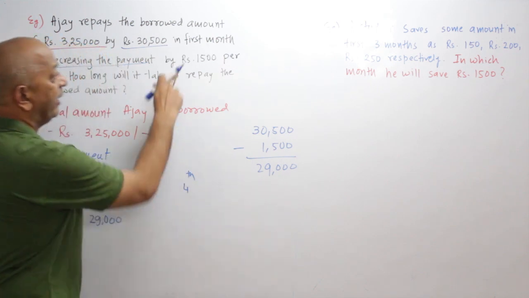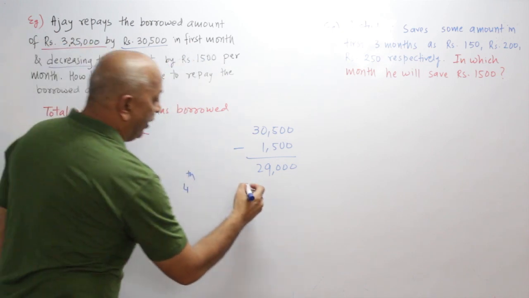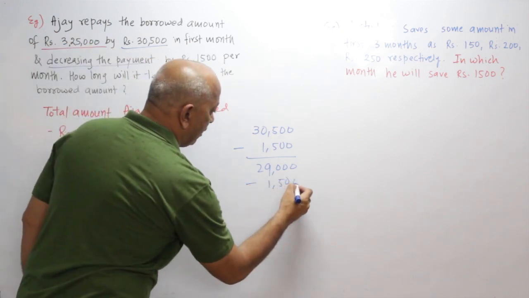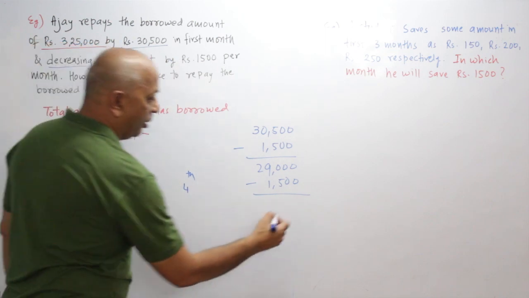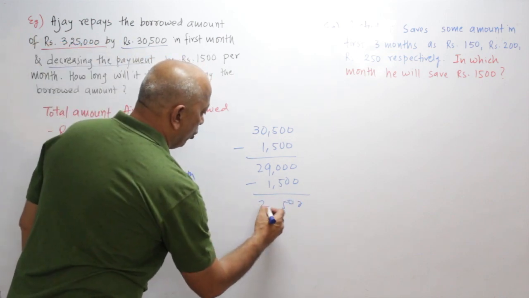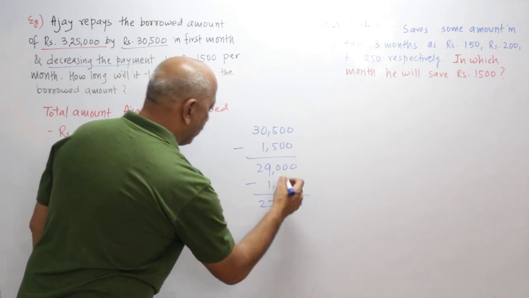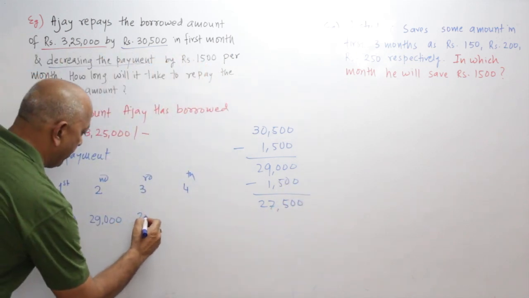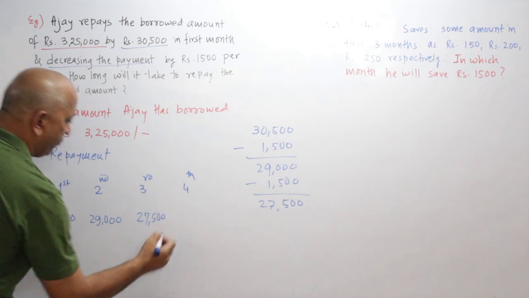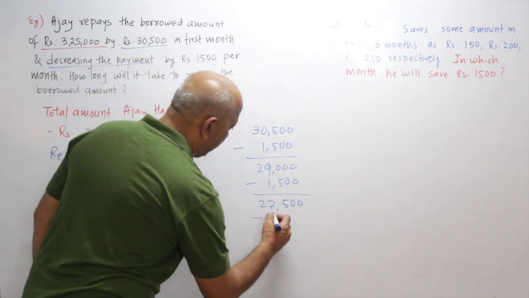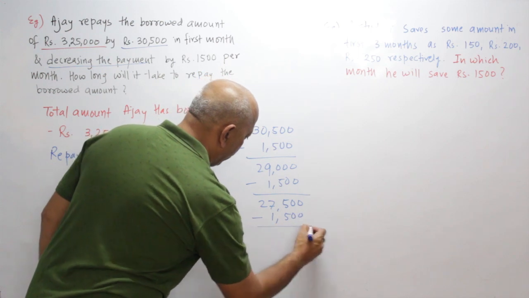Third month again he has decreased 1,500. So you can get the value 27,500. So third month he has paid 27,500. And fourth month he has again decreased by 1,500.